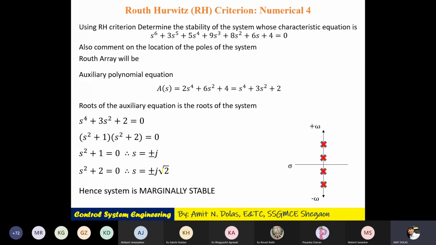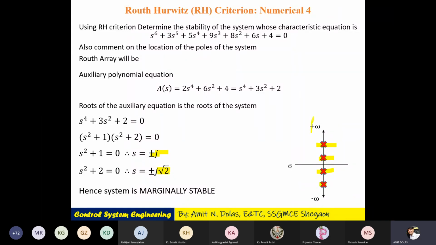You decide. Okay. So plus j and plus j root 2 is placed here, and minus j and minus j root 2 is placed here.